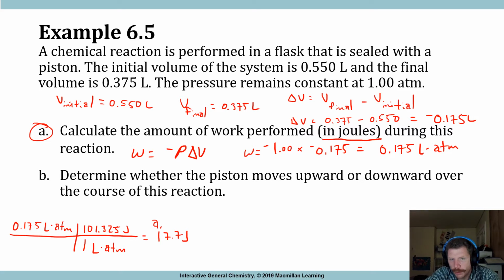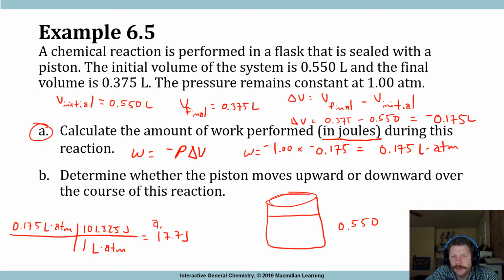That is supported by our negative delta V. Think about it like this: I'm just going to draw a simple container, and here is our piston right here. Our initial volume was 0.550. Our final volume, V sub F, was 0.375.